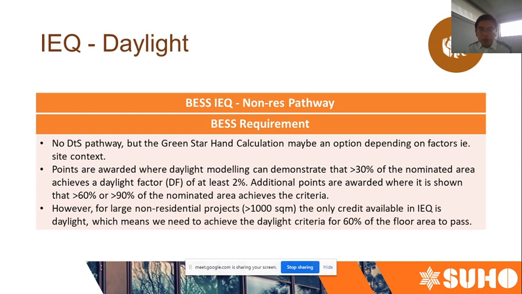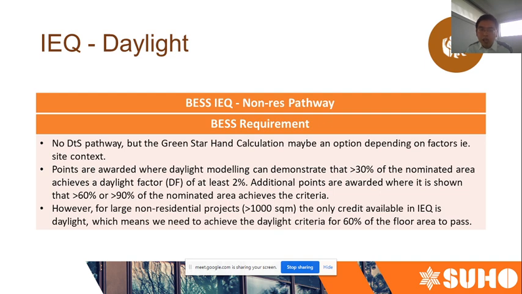So let's see what the situation is for non-residential pathways. For commercial buildings, there's no DTS pathway, but the Green Star hand calculation method may be an option, depending on the factors. And for commercial buildings, points are awarded when the daylight factor can demonstrate that 30% of the area achieves the requirements, and additional points are awarded when it's 60% or 90%.